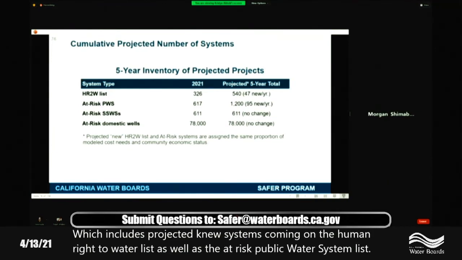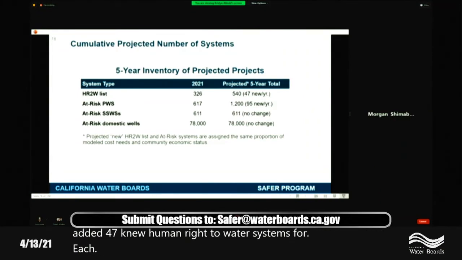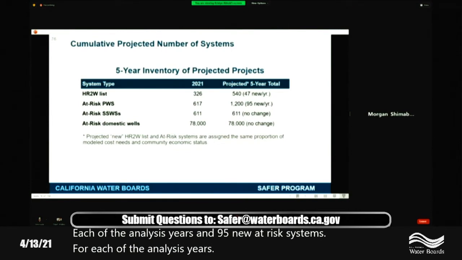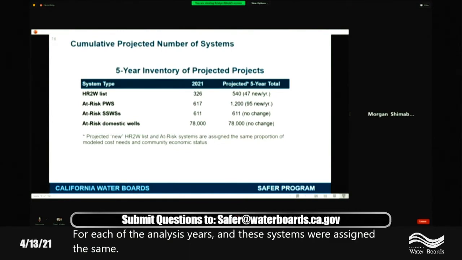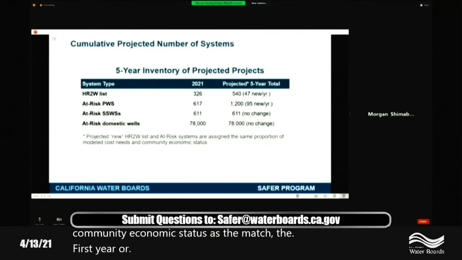We added 47 new human right to water systems for each of the analysis years, and 95 new at-risk systems for each of the analysis years. And these systems were assigned the same proportion of modeled cost needs and the same community economic status as matched the first year or existing lists.